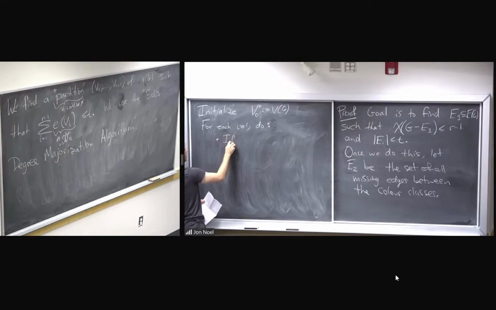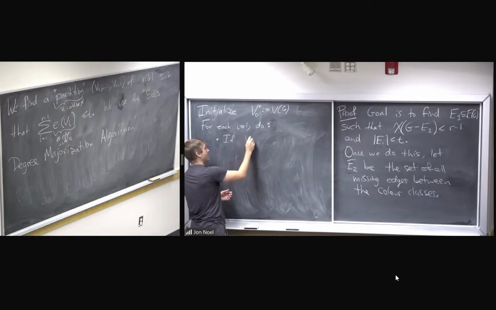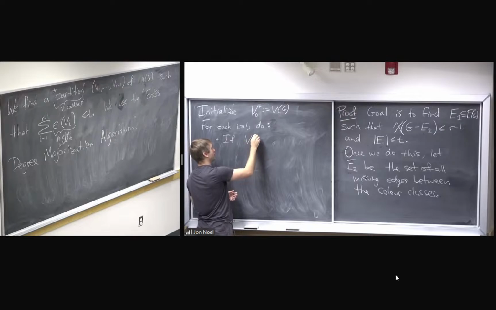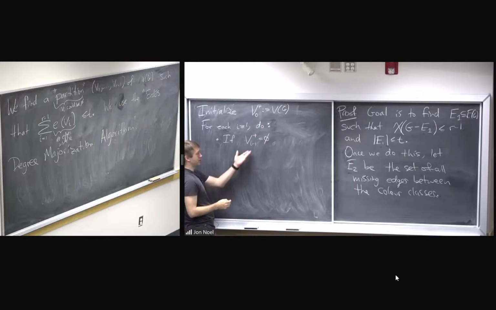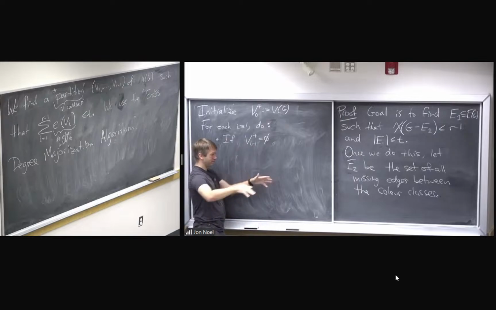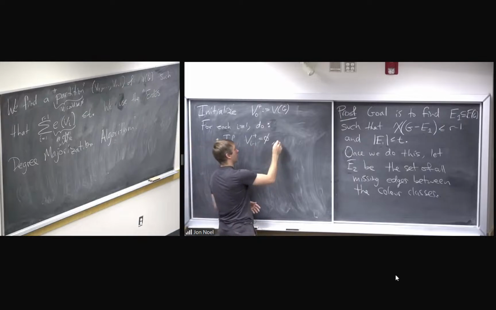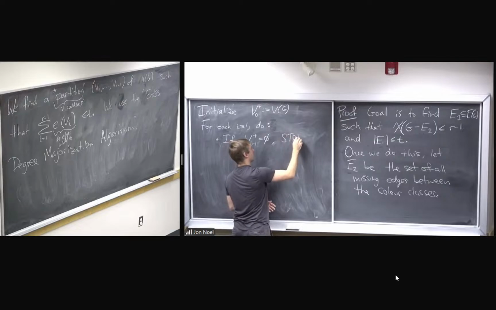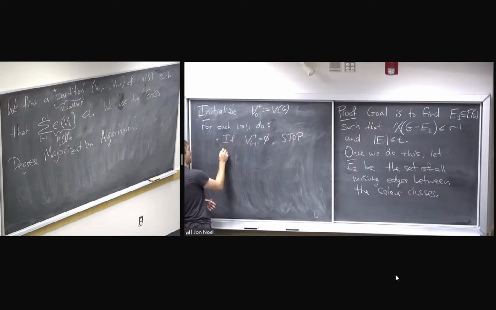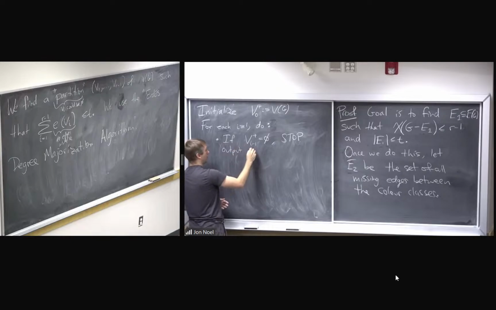Well, if there are no more vertices that we need to process, then we just stop. So if V i minus 1 plus is empty, that means we've already processed everything. Just stop and output the partition.